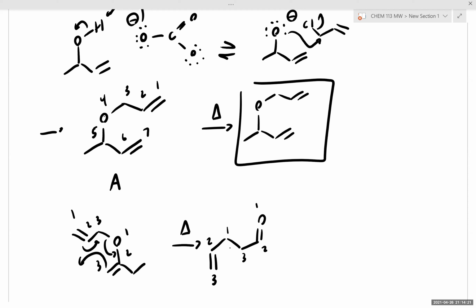Where's the arrow number 3 going? Or not number 3, but the bottom. It's going to form a bond between these two carbons. Oh, okay. Draw this a little bit closer so that way it's easier to see.